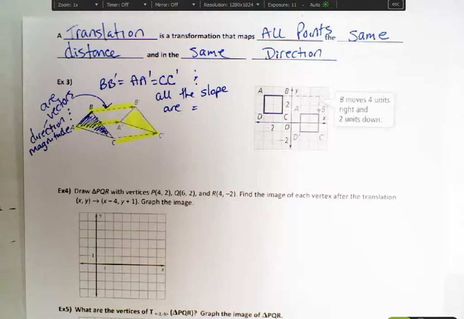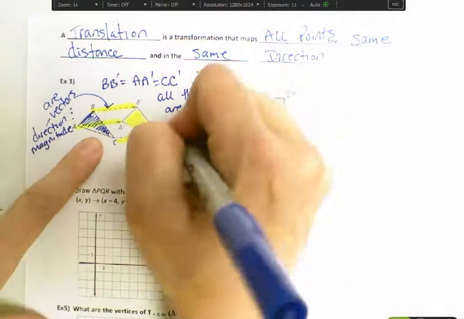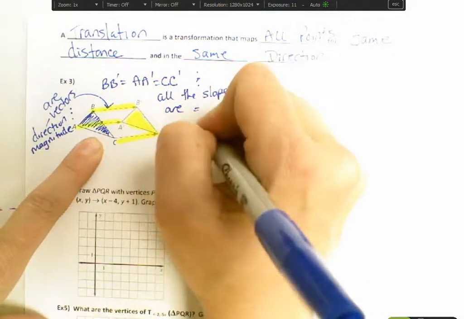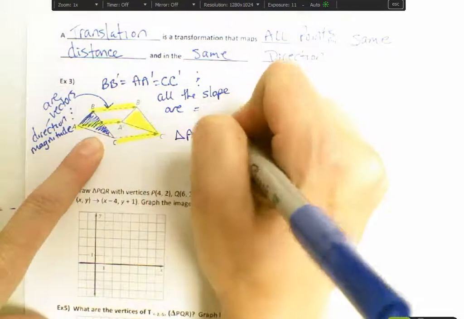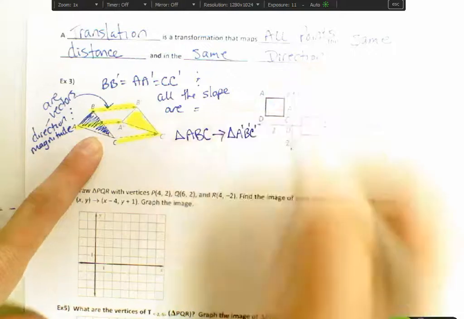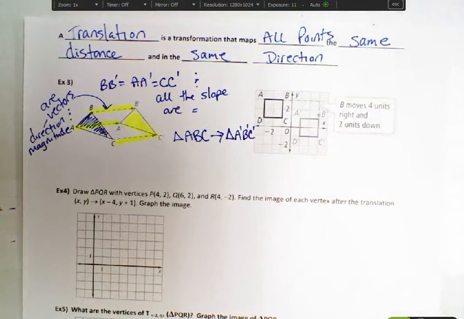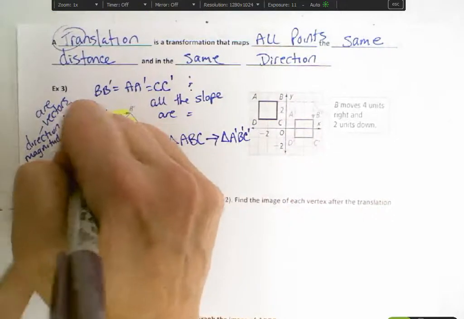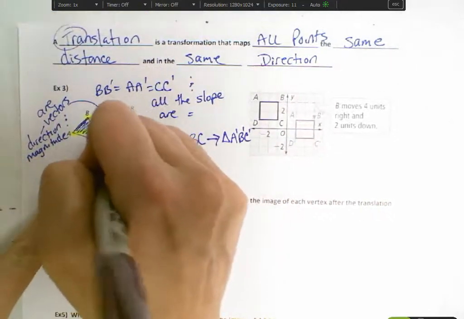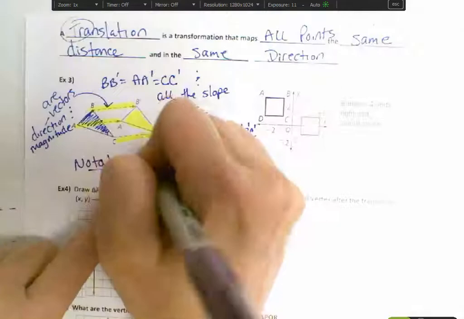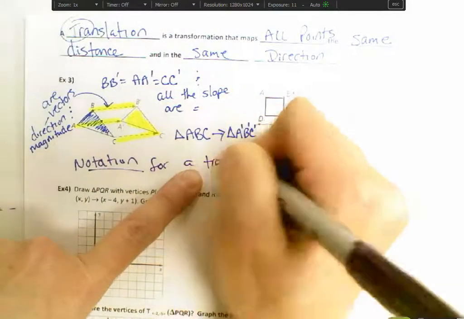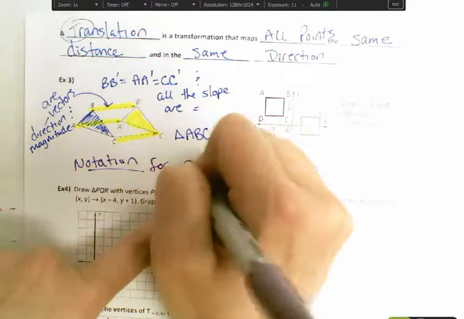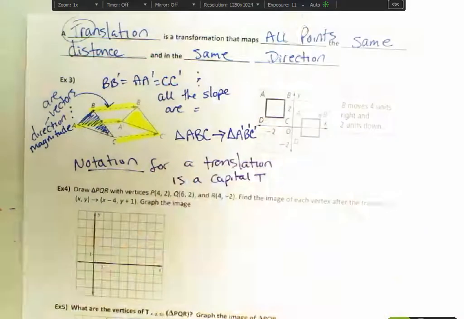So we can identify the translation here as triangle ABC maps to triangle A prime, B prime, C prime. It maps to. When we are identifying a specific translation, we use a capital T. So my notation for a translation is a capital T. Okay?